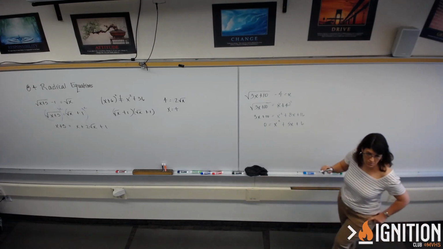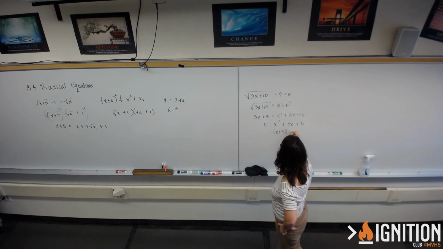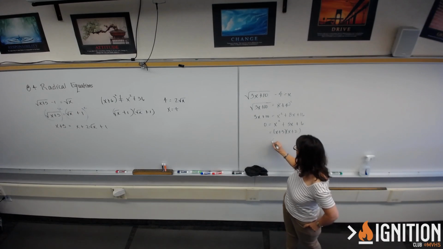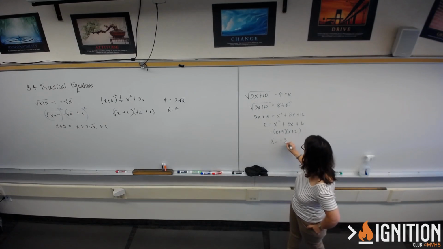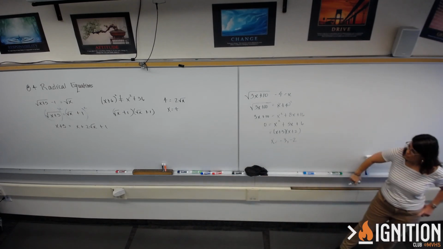x plus 3, x plus 2. Yes. And what's x equal? Negative 3. Both work, are you sure? I don't think both work. Negative 3: is it square root of 1 plus 3?